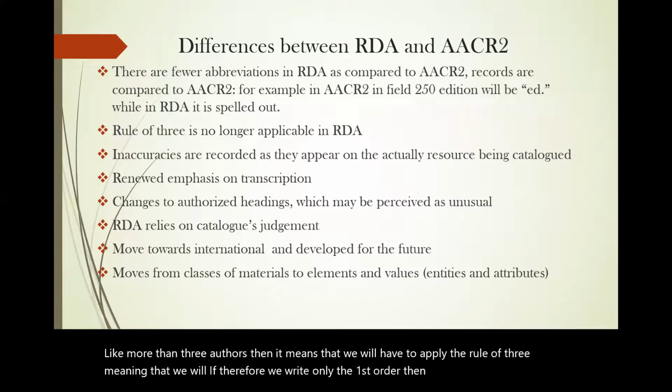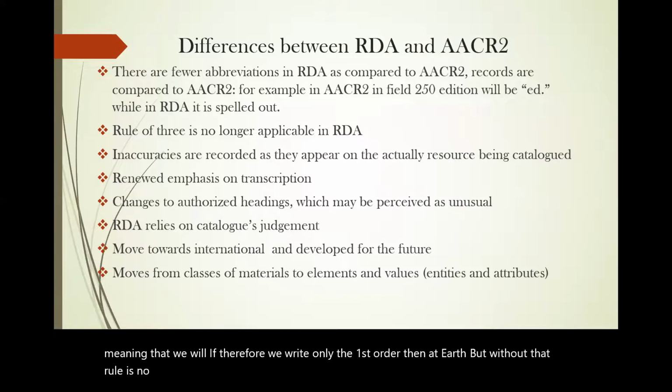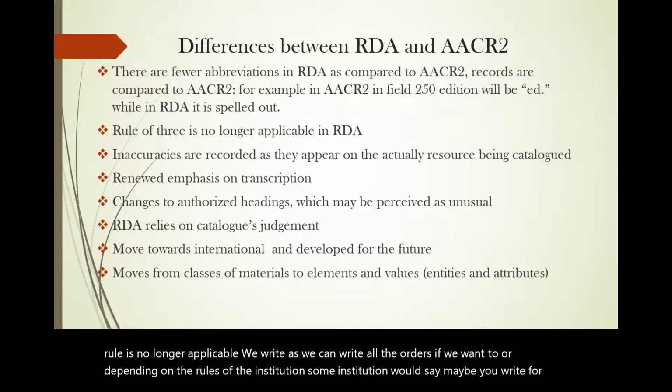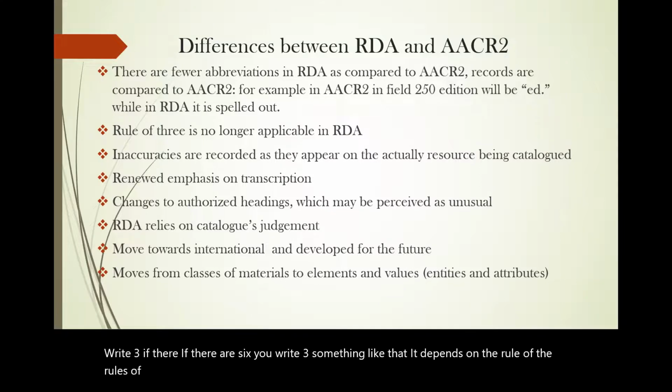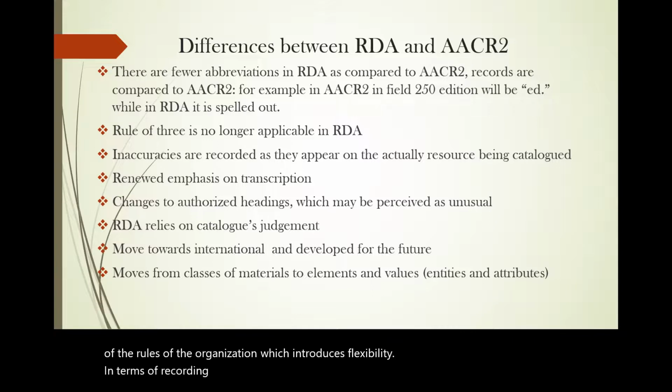But with RDA, that rule is no longer applicable. We can write all the authors if you want to, or depending on the rules of the institution. Say maybe you write 4, you write 3. If there are 6, you write 3, something like that. It depends on the rules of the organization, which introduces flexibility in terms of recording information resources.